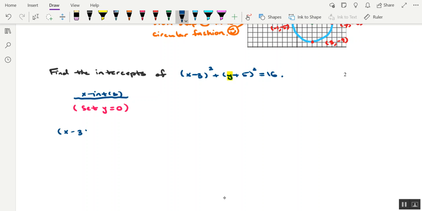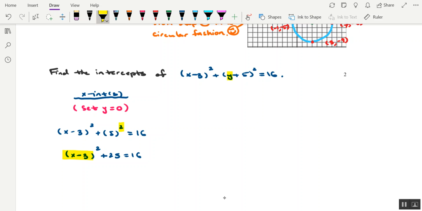So this is going to be (x - 3)^2. Now when y is replaced with 0, the inside expression of the second set of parentheses becomes the number 5. That gets squared, equaling 16. What you want to do next is square the 5 to get (x - 3)^2 + 25 = 16.